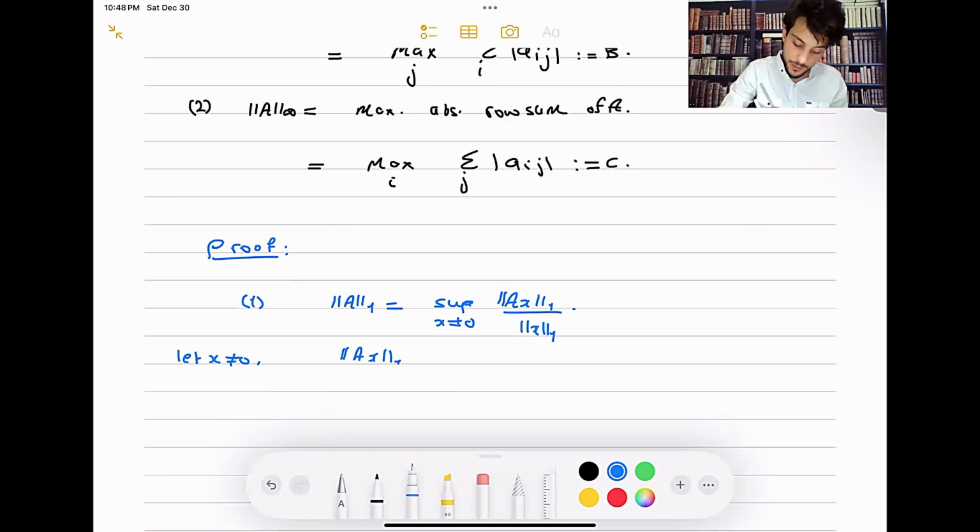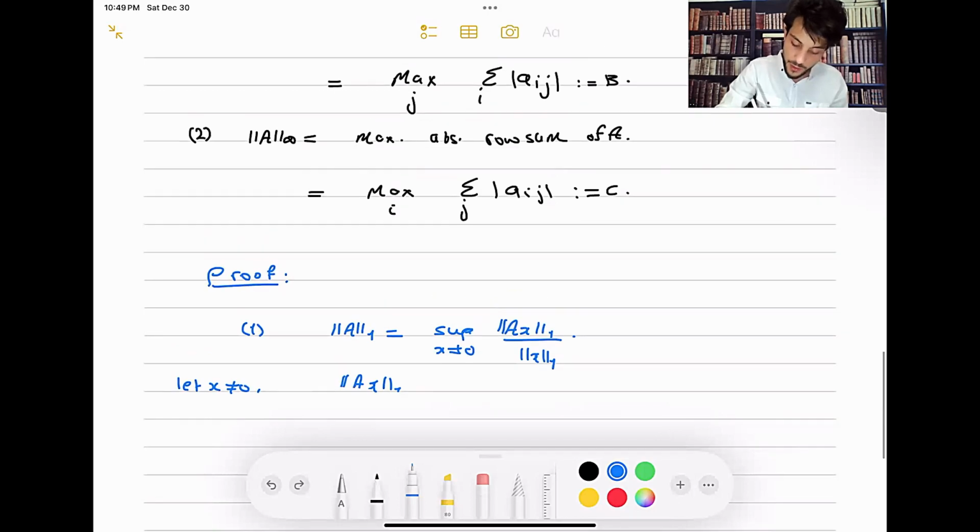Let's try to relate it to the norm of x. If we could prove an inequality like this, then we can divide by the norm of x on both sides, because we're taking x not to be 0, so its norm is not 0, and then we get the inequality that we're looking for. So let us try to prove that. Okay.